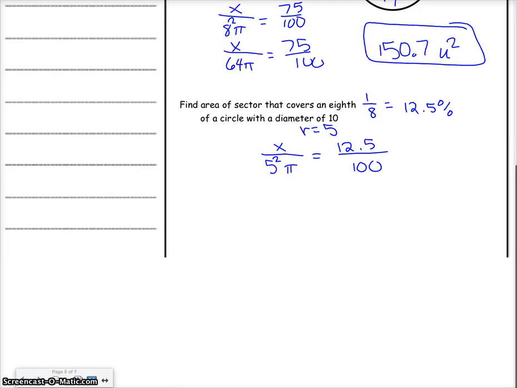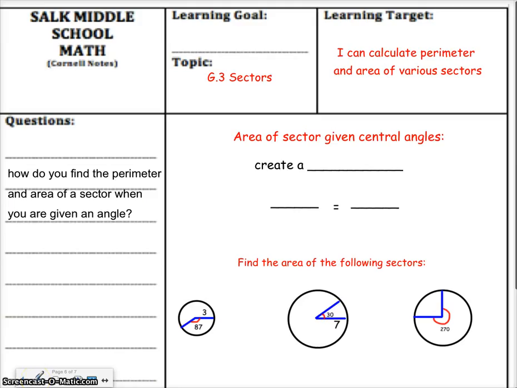So 25 times 3.14 times 12.5 divided by 100 is 9.8 square units. I like this so much better than perimeter. Again, you just got to remember exponents. Sometimes with exponents, kids forget that it's timesing the number by itself, and they just times it by 2. So be so careful with that.